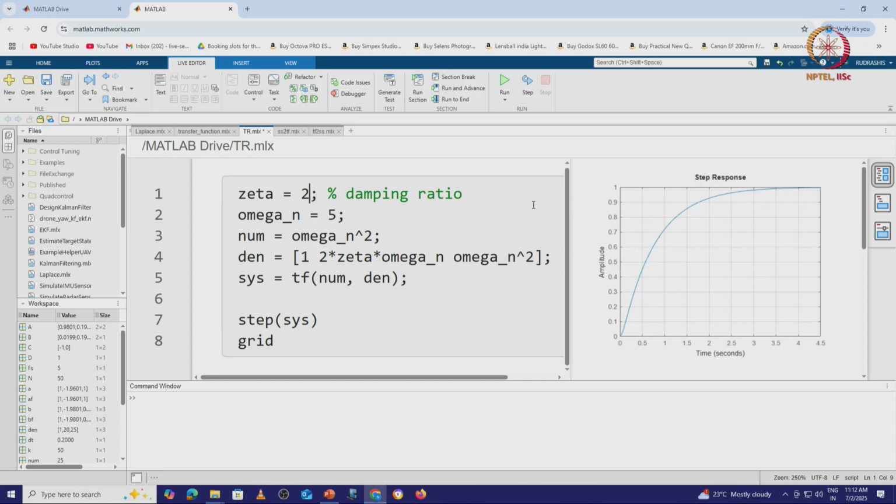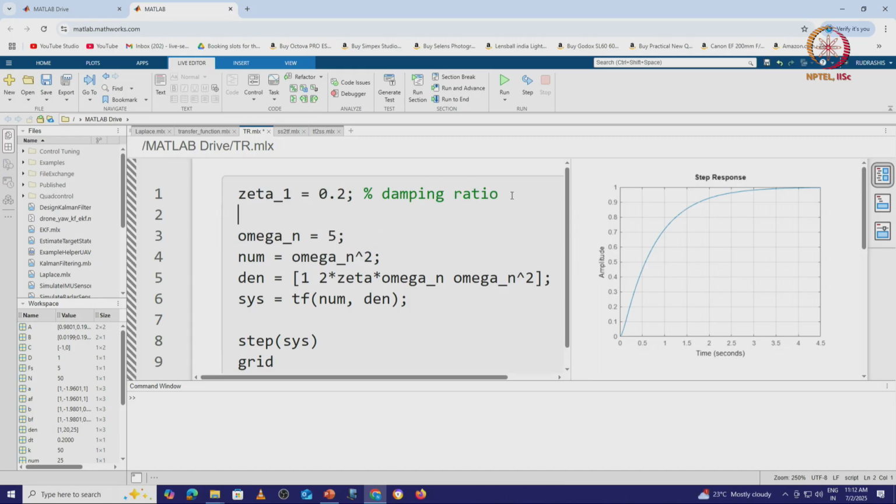So it is a suggestion to the students that you take different values of zeta. That means zeta 1 can be, say, 0.2, then you can take another zeta, say 0.8.